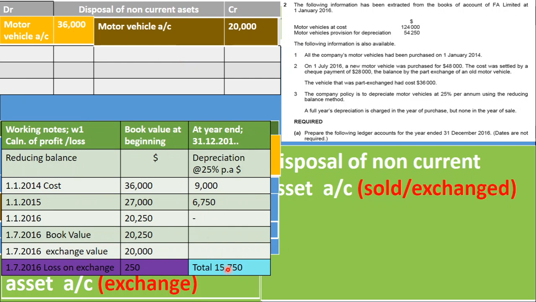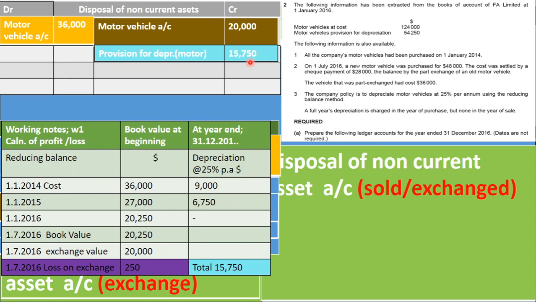So we are going to record this 15,750 there, and then you will add provision for depreciation in bracket motor. I'm trying to indicate that is for motor. If you have 2-3 assets, you need to indicate the name of the asset here. It could be plant and machinery, motor, furniture, that way. But when you have only one asset, you can simply write provision for depreciation. So that's the amount here.